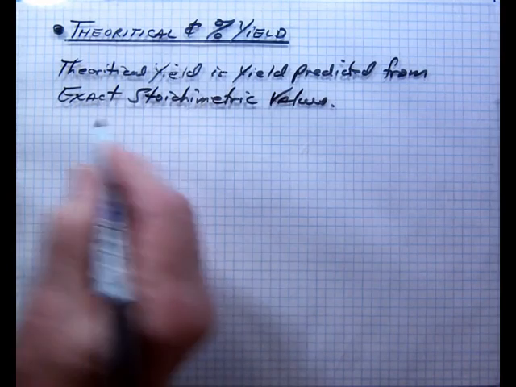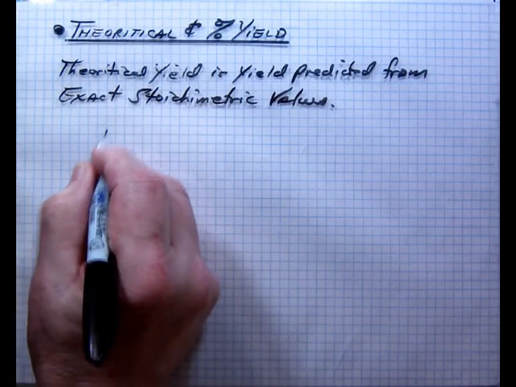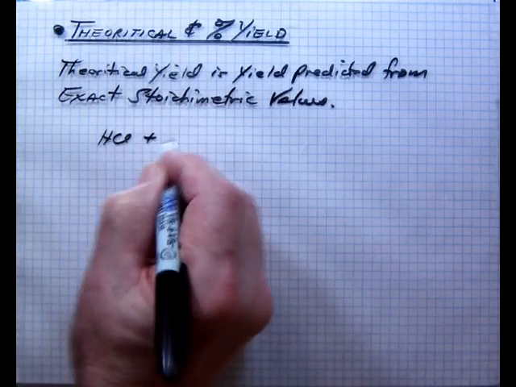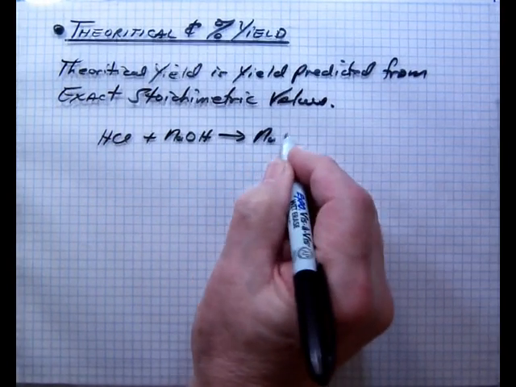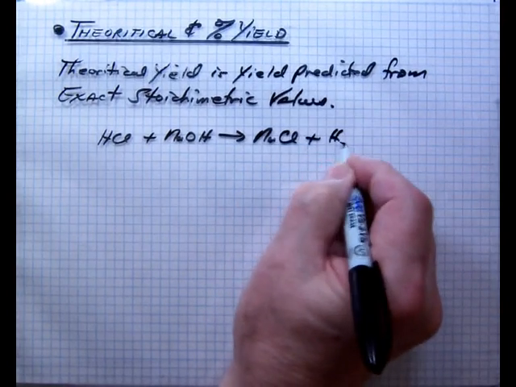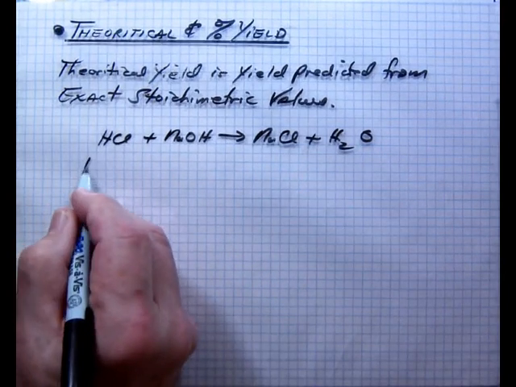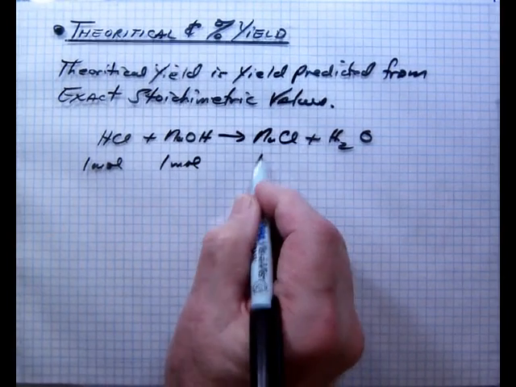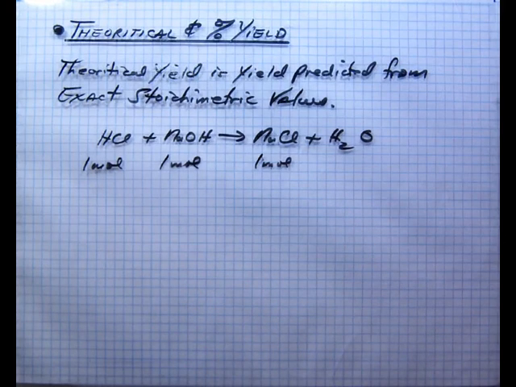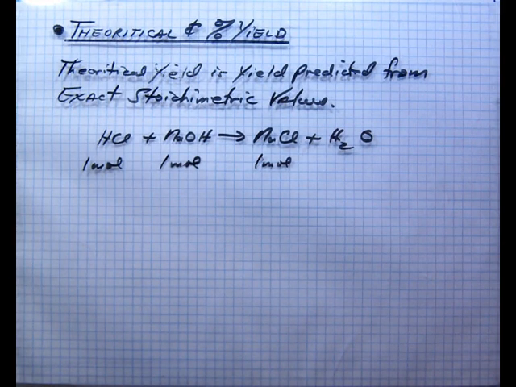That is, we'll go back to the HCl plus NaOH goes to NaCl plus H2O. If I have 1 mole and 1 mole, I'm going to get 1 mole of sodium chloride. That's theoretical, based on the reactants put together.